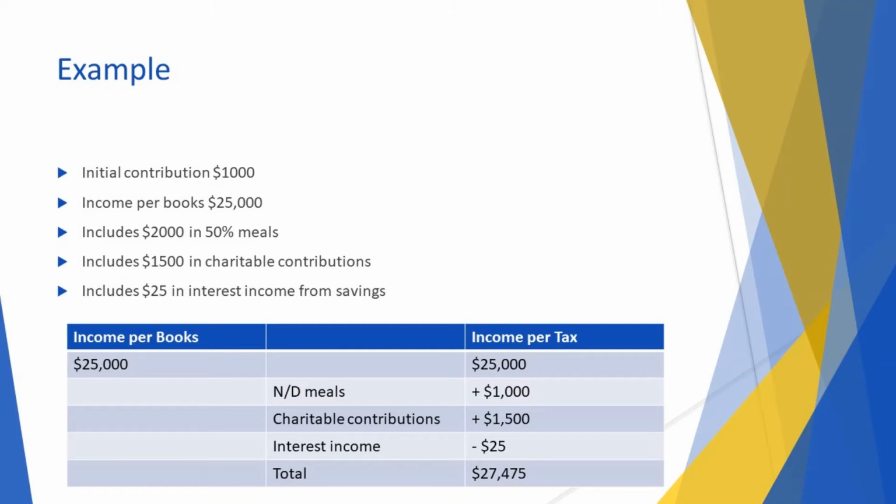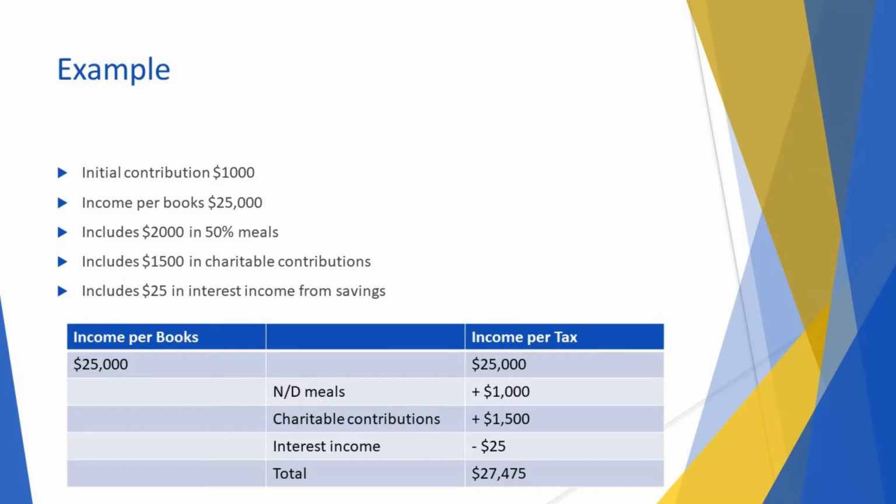This is the number you will reconcile to on your Schedule M1, reconciliation of income or loss per books with income or loss per return. I covered that process in our Taxes in 10 video, Books to Tax and Schedule M1.